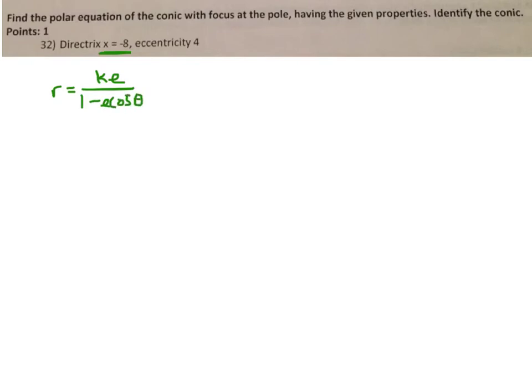Which makes this really easy, because if our directrix is negative 8, that means that k is 8. If the eccentricity is 4, that means we know what e is. And since it's 4, we should have written down somewhere that if e is greater than 1, then that means this is a hyperbola.